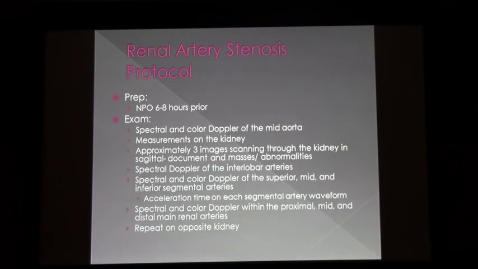So our protocol, our prep for these patients, is to be NPO 6 to 8 hours prior. And then we do spectral and color Dopplers on the mid-aorta, measurements of each kidney, approximately 3 images scanning through the kidney in sagittal just to document any masses or abnormalities, spectral Doppler of the interlobar arteries, spectral and color Doppler of the superior, mid, and inferior segmental arteries, and for these you'll look at the acceleration time.